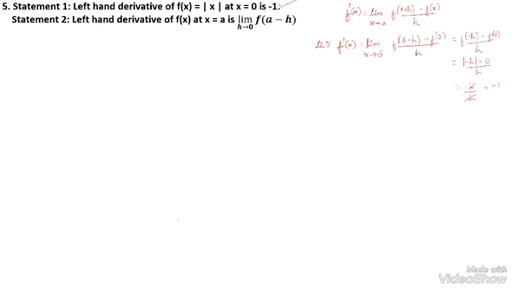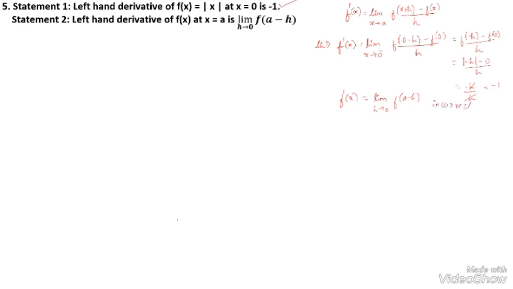Therefore, statement 1 is true. Again, we have to consider the left hand derivative of f of x at x equals a, limit h tends to 0 of f of a minus h. This is the incorrect statement. The derivative f dash of x equals limit h tends to 0 of f of a minus h is an incorrect statement.